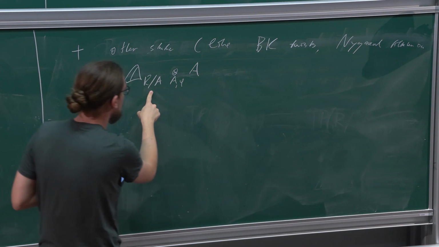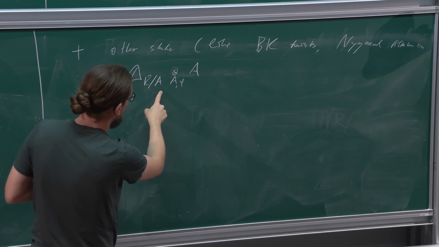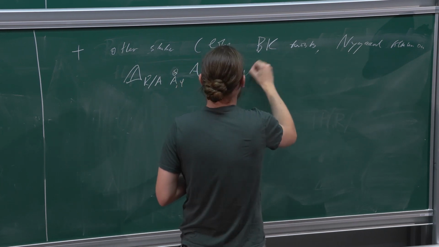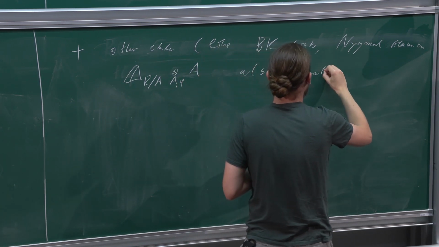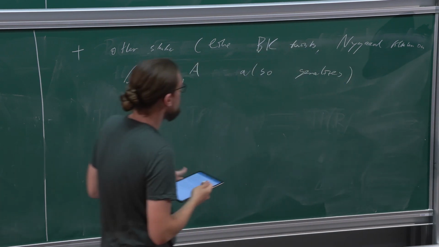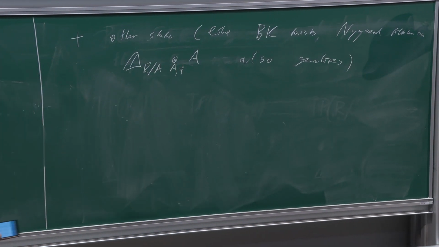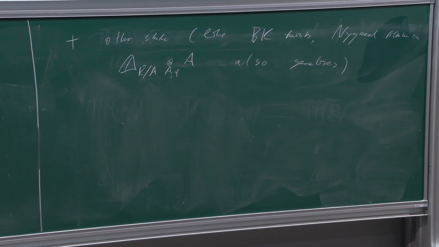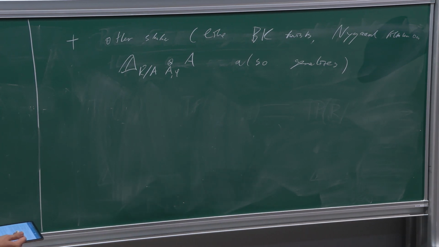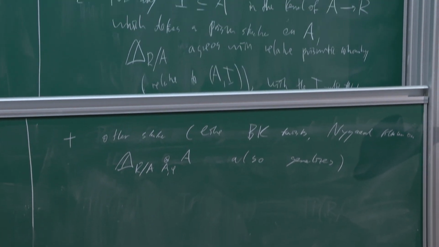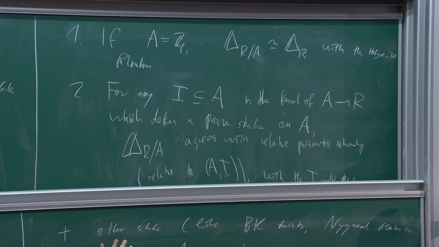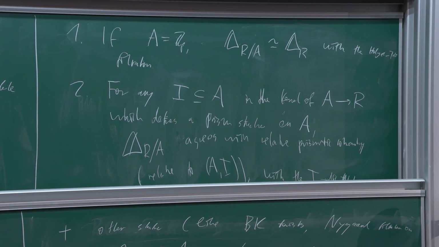So you base change this along A, along the Frobenius on A. This also generalizes. So it has basically all of the properties that you would expect from absolute prismatic cohomology. Some of the stuff that happens in relative prismatic cohomology does actually depend on the choice of the ideal, notably the conjugate filtration, if you know what that is. But everything that you have in absolute prismatic cohomology you also have for these delta pairs.